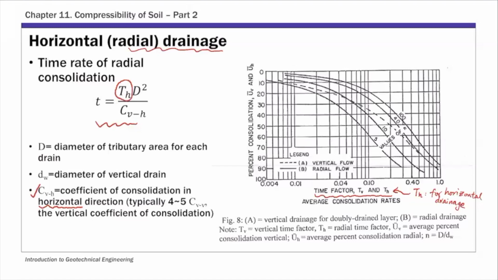And on the vertical axis, this is still U, the average degree of consolidation, but you have U sub V and U sub H. For these lines here, this small n value is for the solid lines. Solid lines are for radial drainage. These small n values depend on the diameter of the drain and also the spacing of the drains. I'll explain these two parameters, capital D and d w.